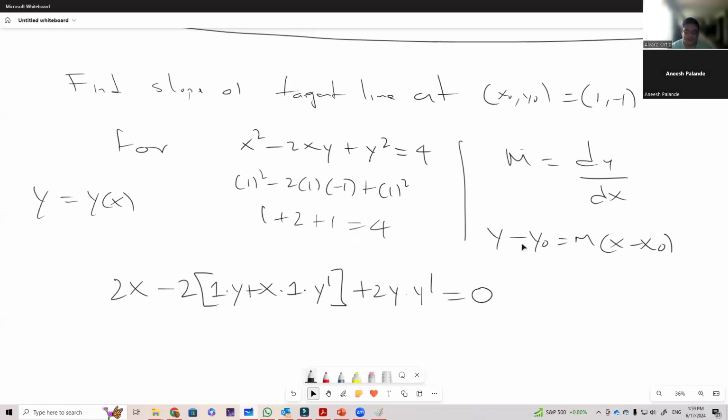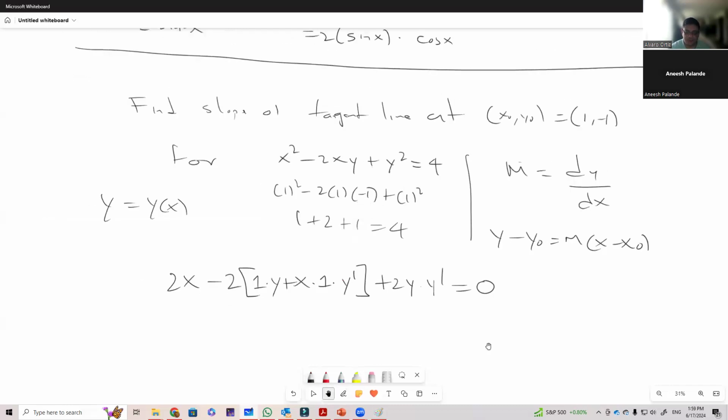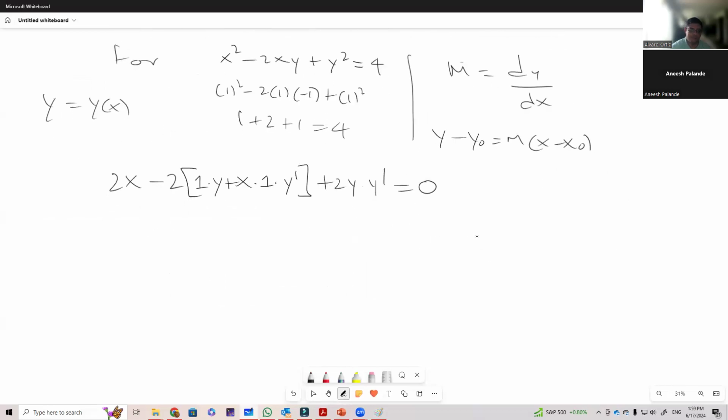So now we have to find y prime. We leave everything with y prime on one side and everything without y prime on the other side. So we get 2x minus 2y from this piece, minus 2x y prime plus 2y y prime equals 0.